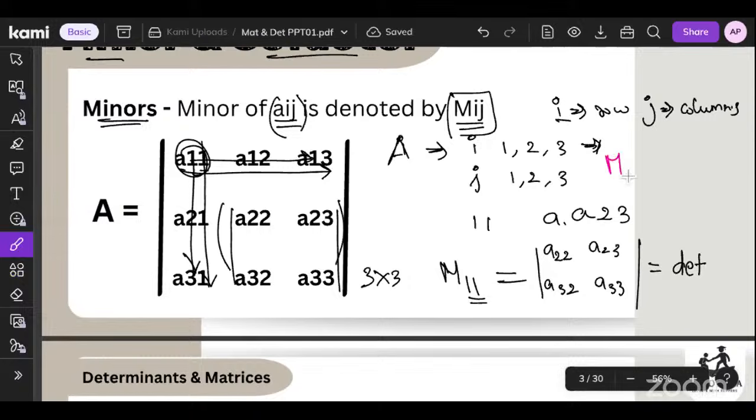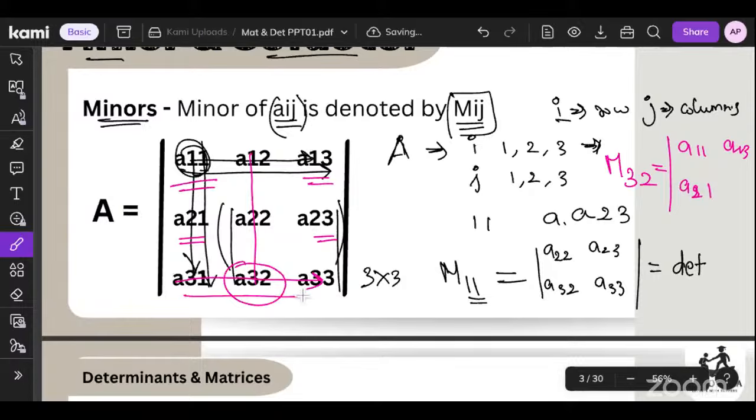If you take M32, here is the M32, and we need to remove the row and the column containing a32, and what is remaining here: a11, a13, a21, a23, and you need to write accordingly: a11, a13, a21, a23.